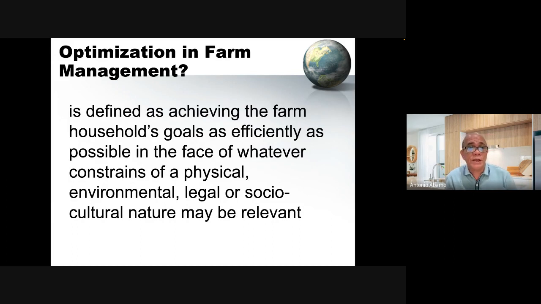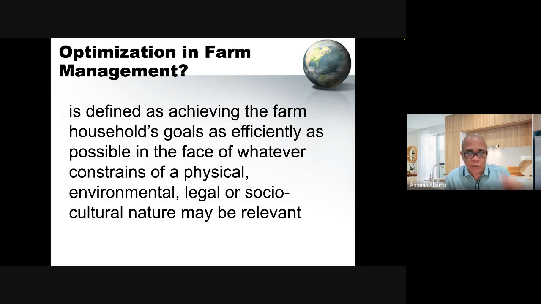Now, another thing is optimization in the farm is defined as achieving the farm household goals as efficiently as possible in the face of whatever constraints of a physical, environmental, and sociocultural nature may be relevant. Okay, that is the conceptual definition or coverage of when we talk about optimization in the farm management.